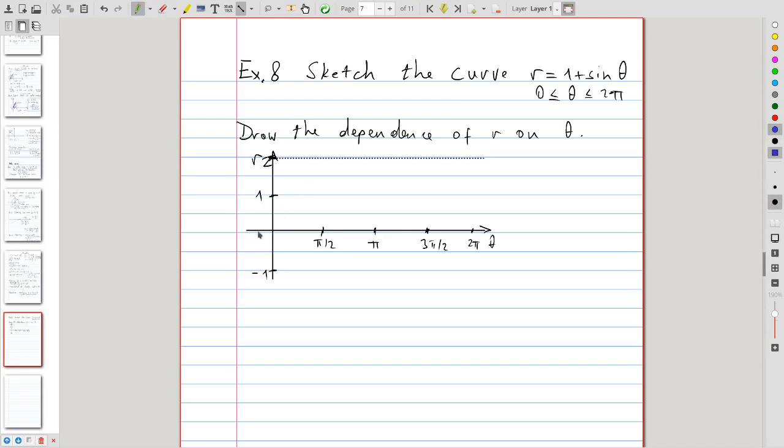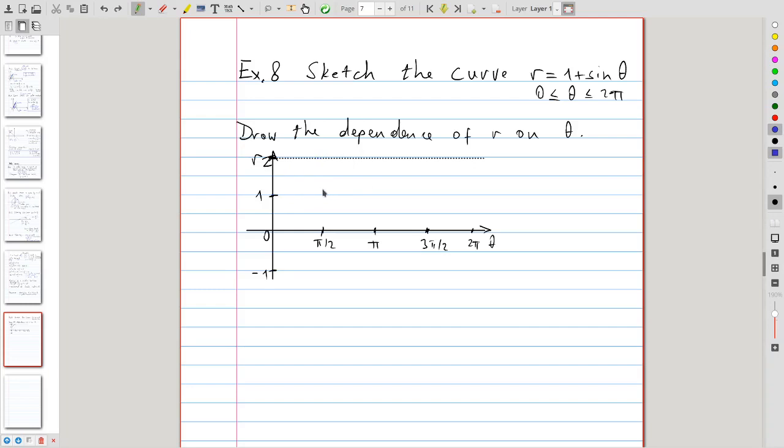And so as I start at theta equal to 0, here I have r of 1. And so it grows up to r equal to 2 at theta equal to pi over 2. So I have a curve doing something like this.